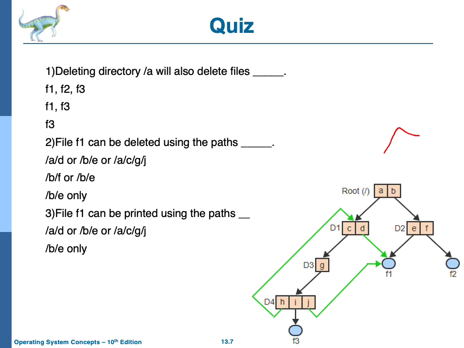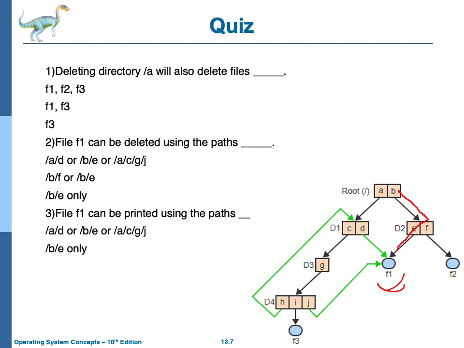And so in this example directory structure, if we delete the root/a, then this will cause all of the files F1, F2, and F3 to be deleted. Now, if we want to delete the file F1 itself, then it has to be done using the absolute path /b/e.